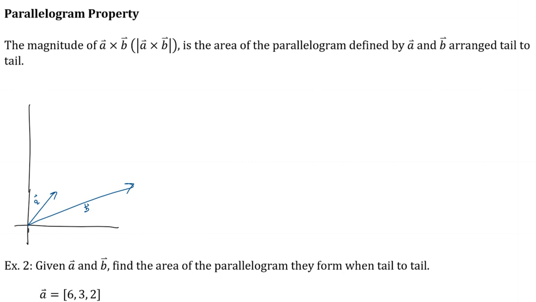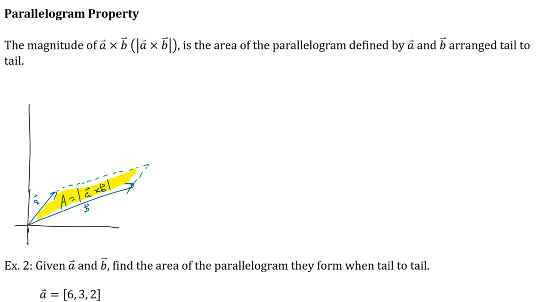Okay, then how does this define a parallelogram? Because it's not a parallelogram. Well, it's not yet, but if I do this, then it is a parallelogram, okay? And the area of this parallelogram is equal to the magnitude of the cross product, because the cross product is a vector, so it can't be equal to a vector, but the magnitude of that vector is a value, and so that's the area of that parallelogram, okay?